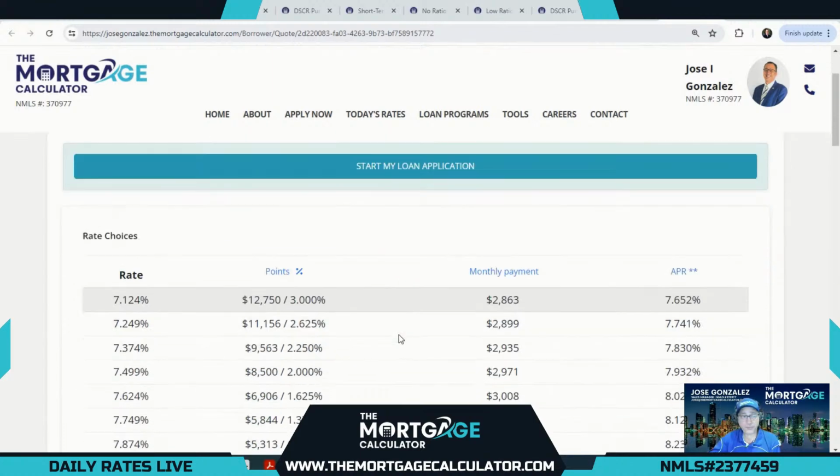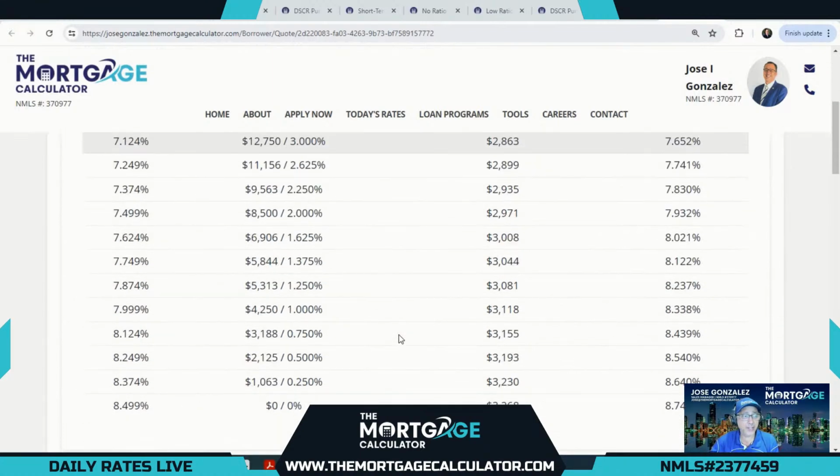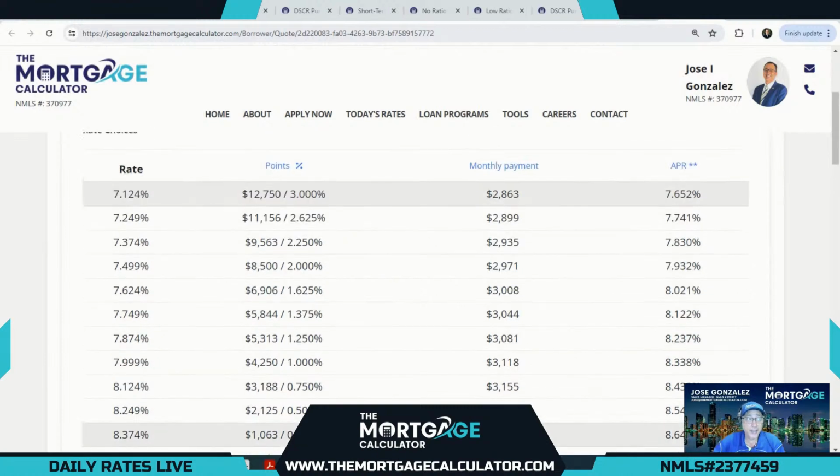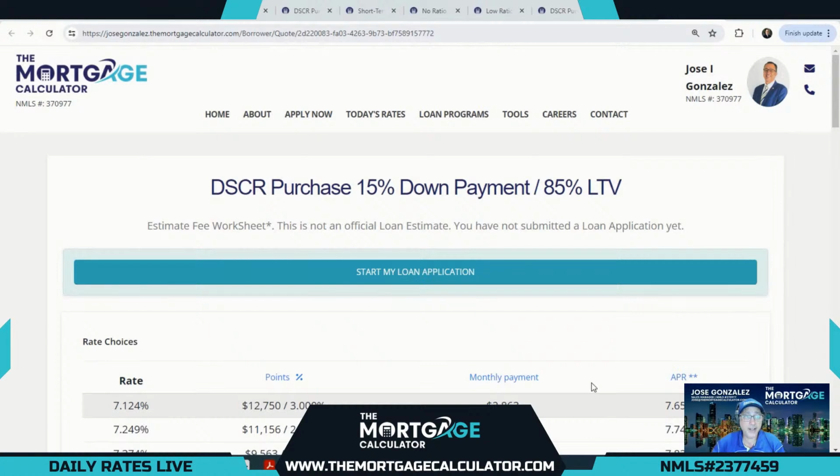I can see the rates definitely dropping on this 85% LTV option, with 8.499 as our lowest cost option at par, and you can buy that down to 7.124 at a cost of 3 points. And please note, as always, never any mortgage insurance applicable on non-QM. So this 85% LTV loan option does not have any applicable MI.